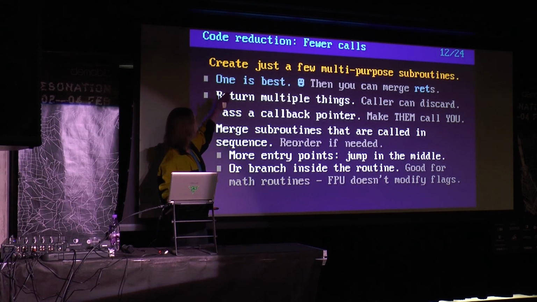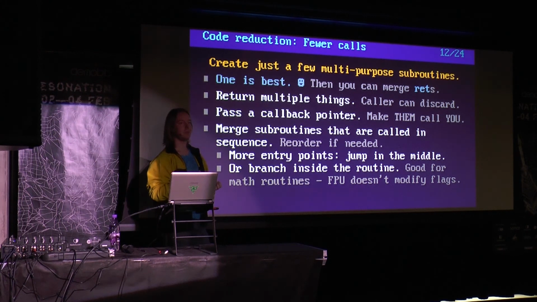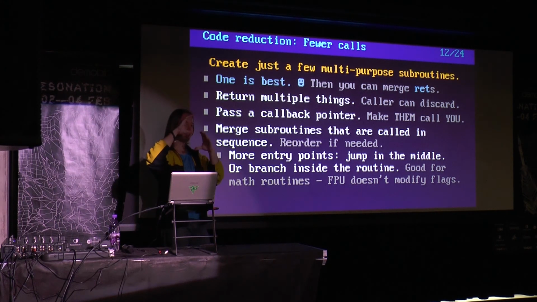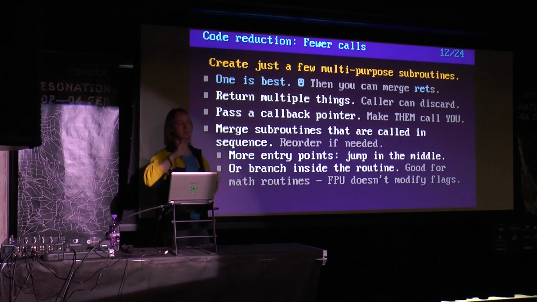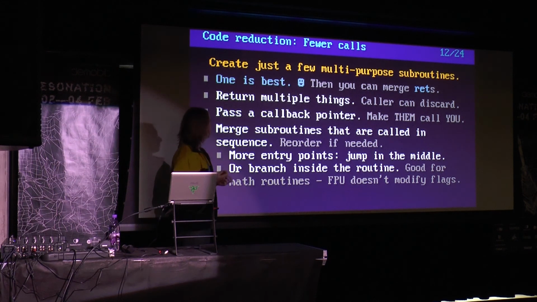We can make one instruction return multiple things and discard some of them. For example, when we have addition and subtraction, we can just compute both, and usually we don't mind having both results if we need only one. So we save on 1 call if we need to use both results.